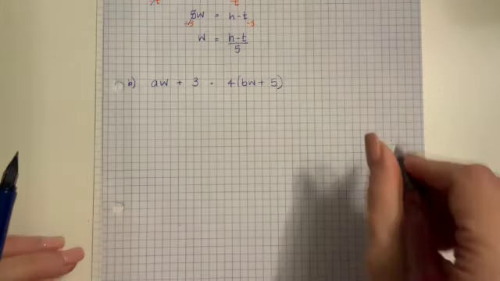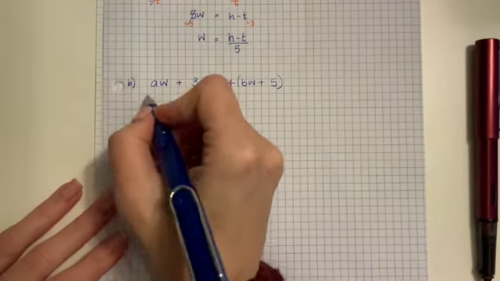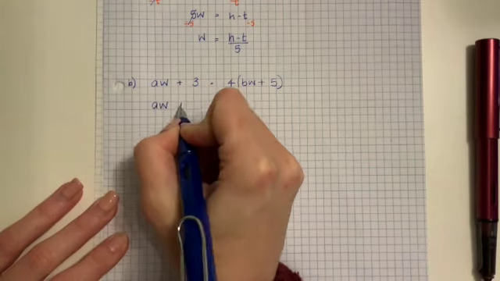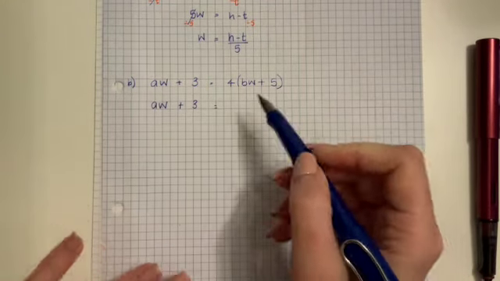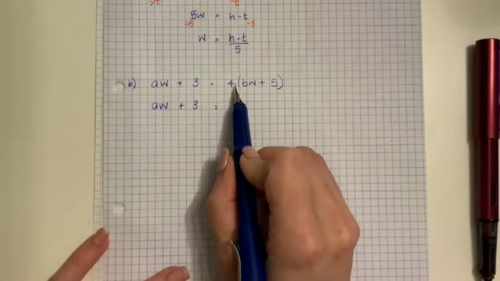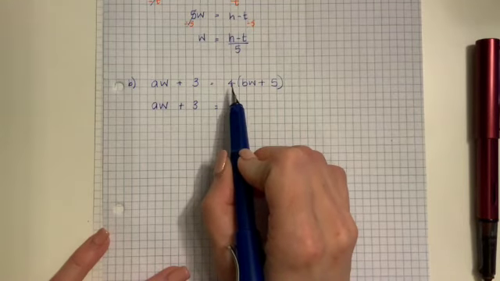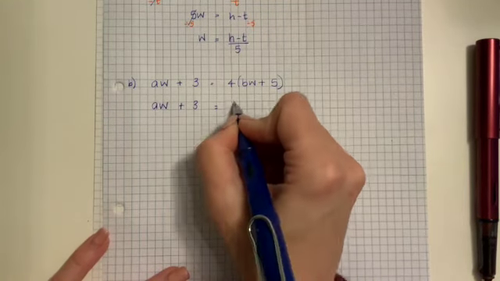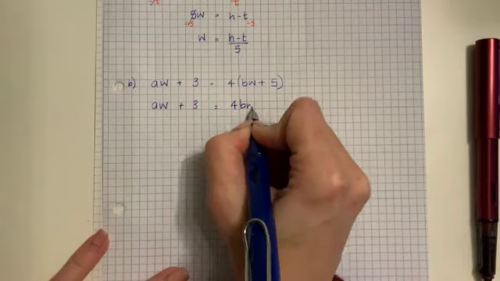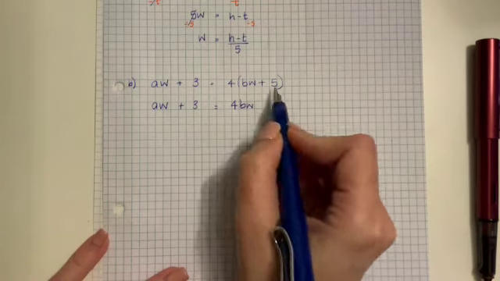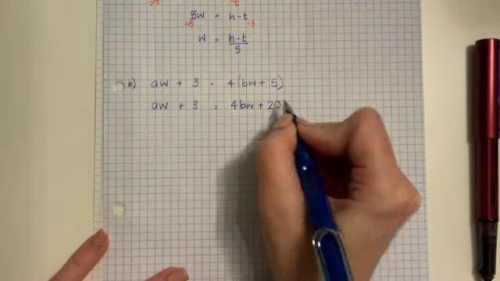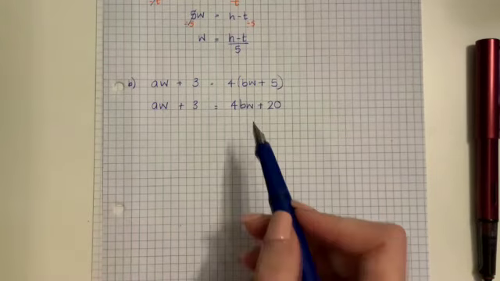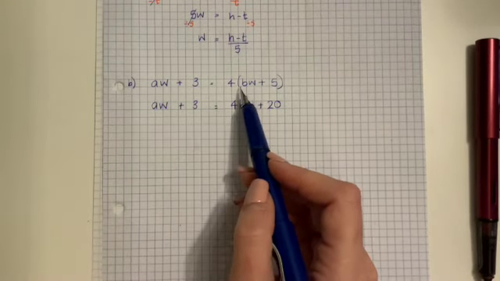So I'm going to get rid of the bracket first. I'm not doing anything to this side: aw plus 3 equals. I multiply everything on the inside by 4. So 4 times bw is 4bw, and then 4 times 5 is 20. All I've done is expand the bracket.